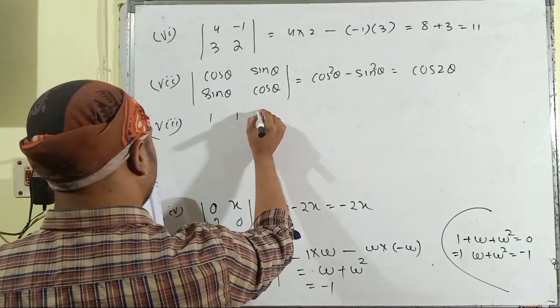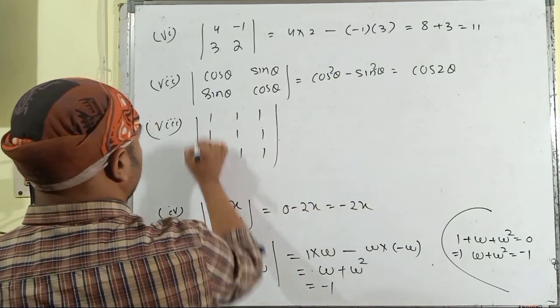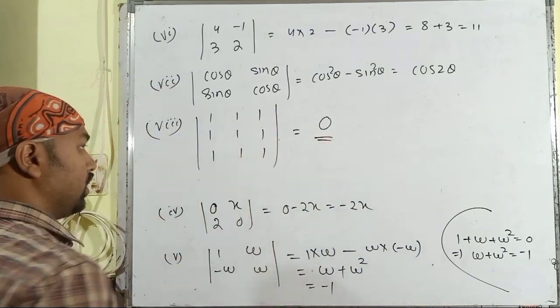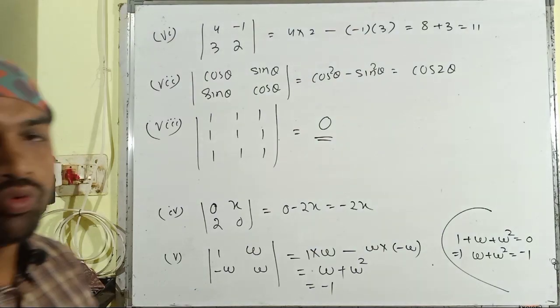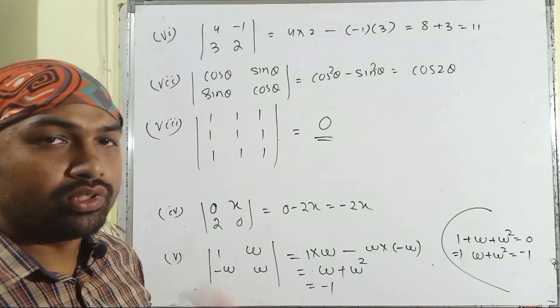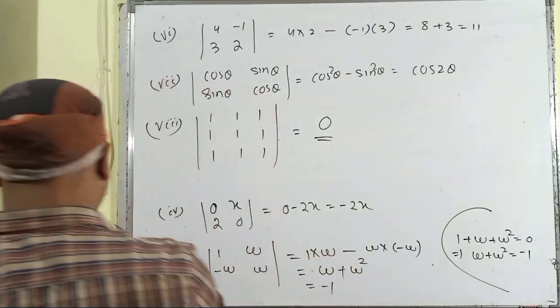1 1 1 1 1 1, and then the value of this determinant will be equal to 0, because you can consider any two rows or any two columns and you can see that these are identical with each other. So the value of the determinant is equal to 0.